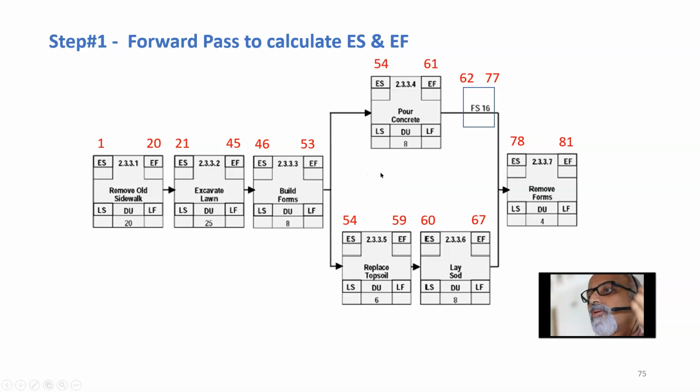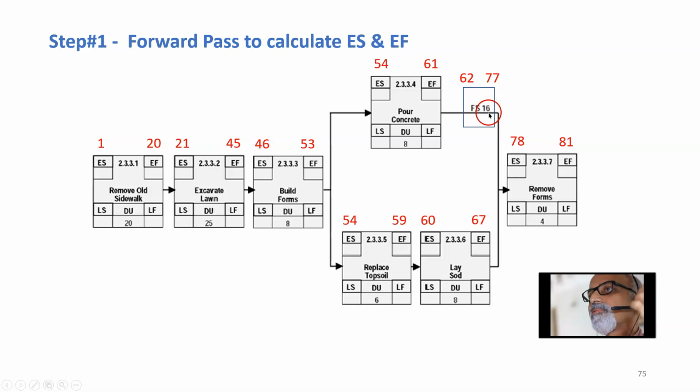Now the step 1, here is an activity on node diagram. First activity is remove old sidewalk, duration 20 days, excavate lawn 25 days, build forms 8 days, pour concrete 8 days, and there is a finish to start lag, which is a waiting time.